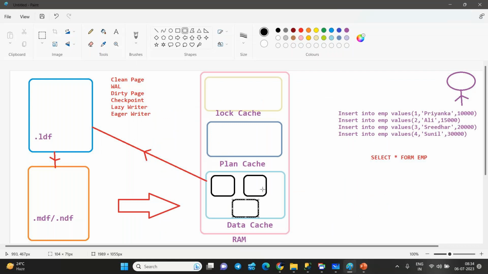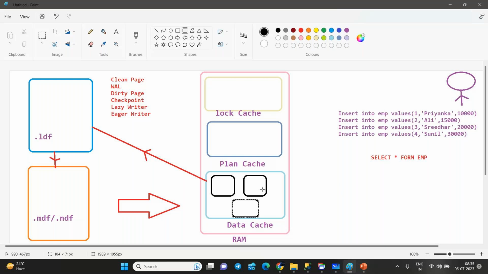Now you should call these pages clean pages, because I have not performed any insert, update, delete, or any changes. Nothing, sir. I just copied the pages.